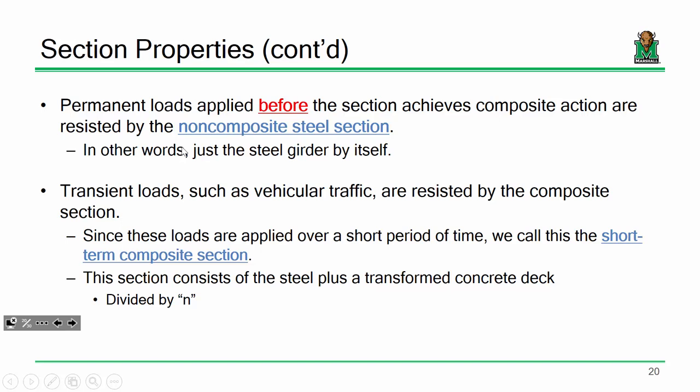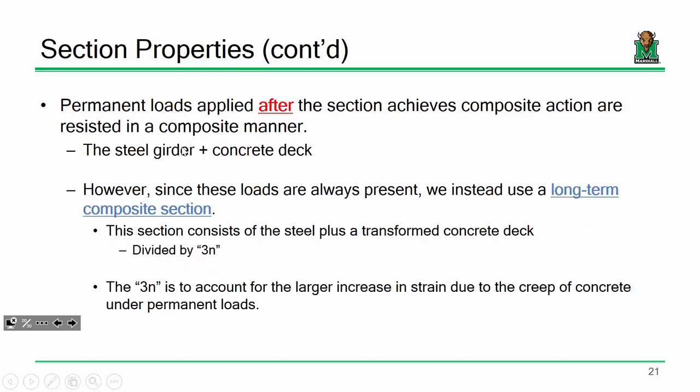Now for terminology, I'm going to call this the short-term composite section, because those loads are only on the bridge for a very short period of time. Truck drives on and it's off, and then it's gone. Now, to determine the short-term section, I take that effective flange width and I divide it by n, that modular ratio. Sound good? Okay.